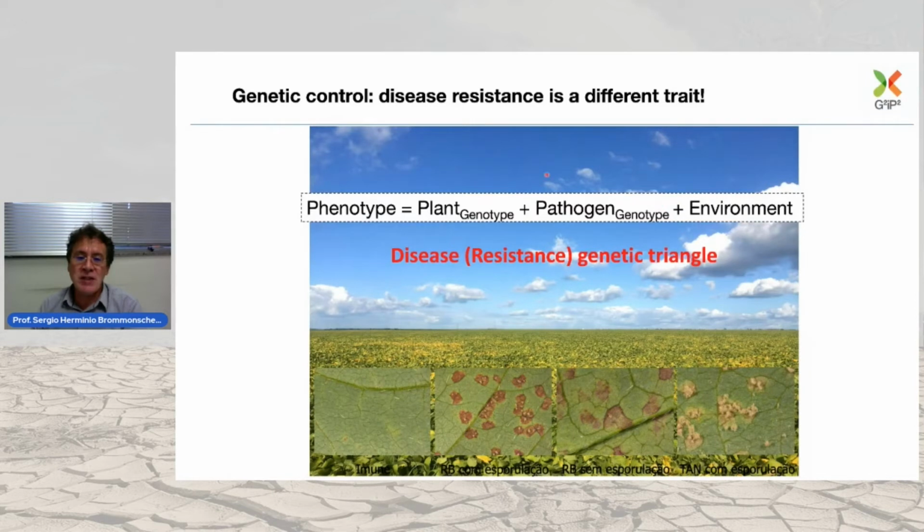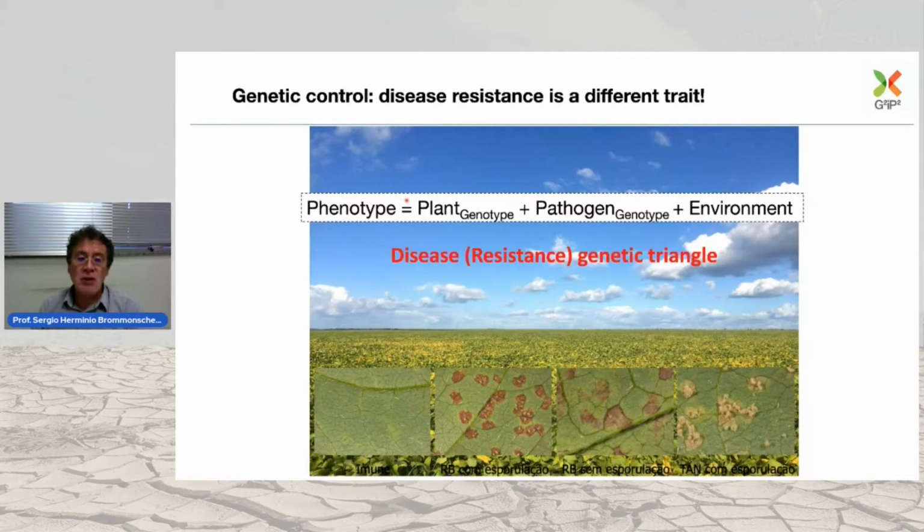But just to understand, when we work with disease resistance, we have to think about the plant genotype and also the pathogen genotype. Because with the same genotype in the same environment, if we change the pathogen genotype, we can see changes in the phenotype. That's very important for any purpose, to study variability of the pathogen and also to map genes, because if we change the isolate during our mapping work, we are going to see different results.